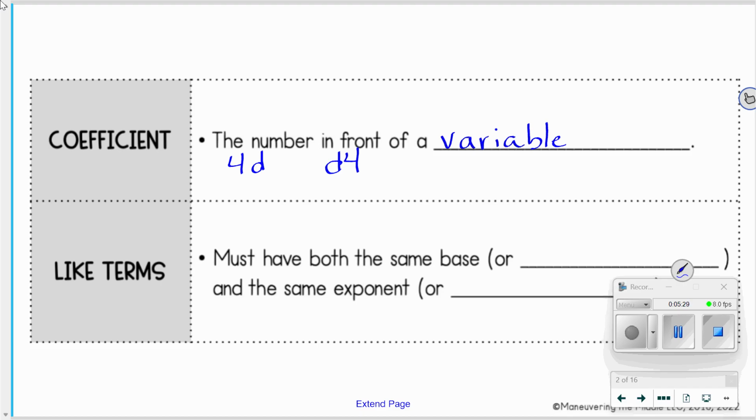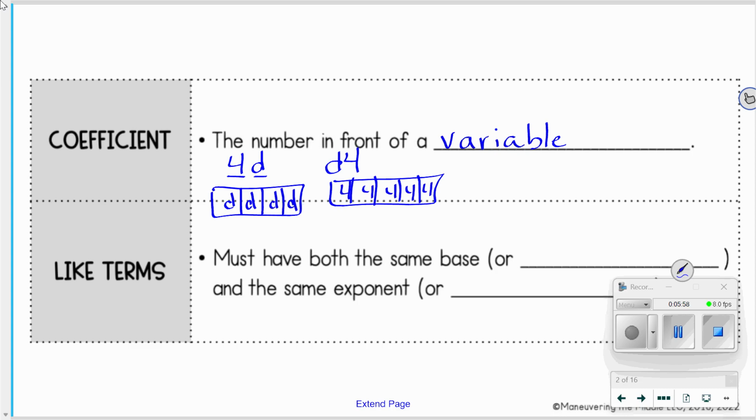I have 4 groups of d, correct? Can I model that? Yes, I can say I have 4 groups, and each group has a d in it. That would be the model for 4d. Does that make sense? The second one is saying I have d groups of 4, yes? So I would have d groups of 4. Do I know how many groups I have?